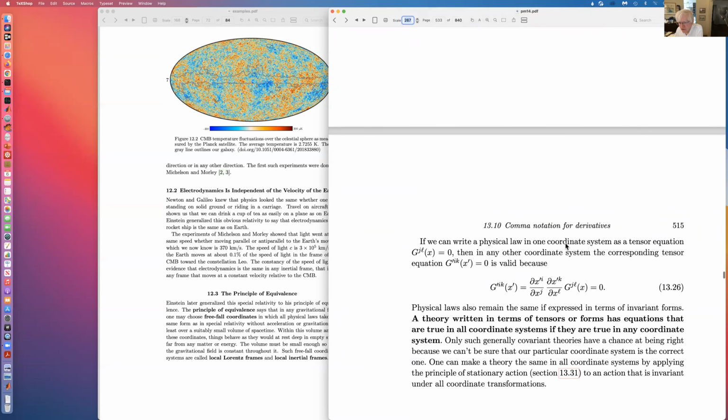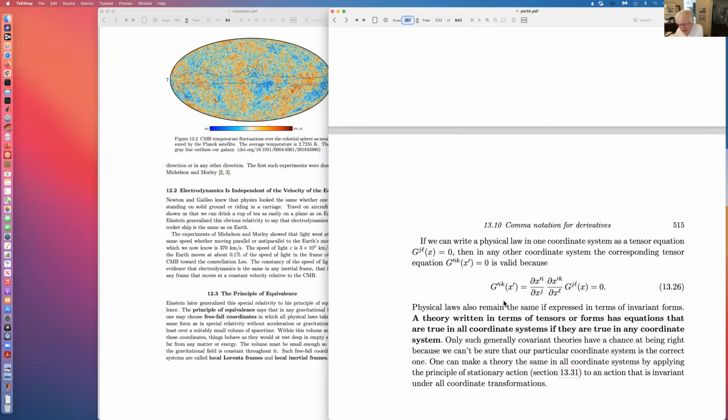If we can write a physical law in one coordinate system as a tensor equation, like G^jl(x) equals 0, then in any other coordinate system, the corresponding tensor equation, G'^ik(x') equals 0, is valid. So in other words, this thing just turns into that, which is the same thing, just with a lot of primes.